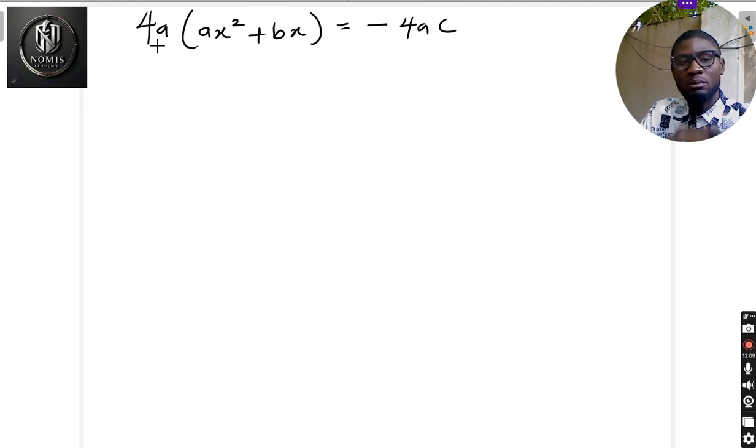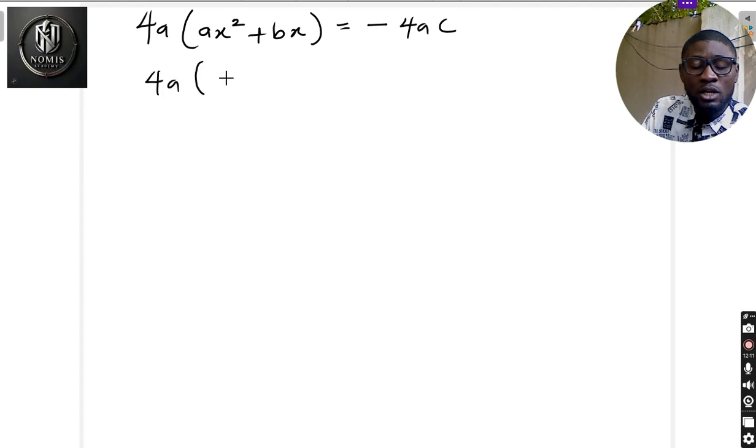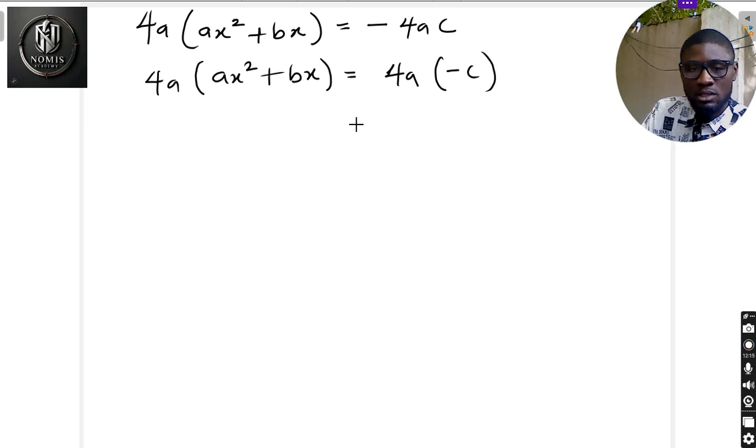Something that can be eliminated here can also be eliminated here. So I'll say 4a, all over, in bracket ax squared plus bx close bracket, is equal to 4a, because I have 4a into minus c. So I have minus c left here.